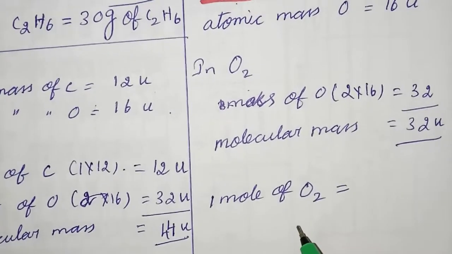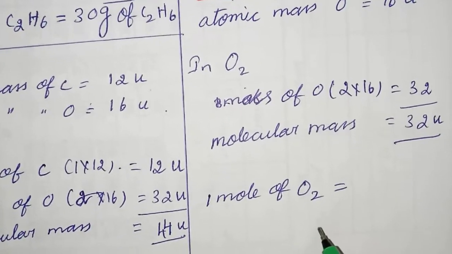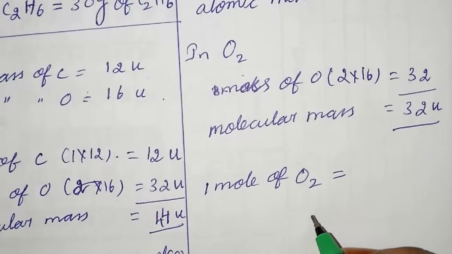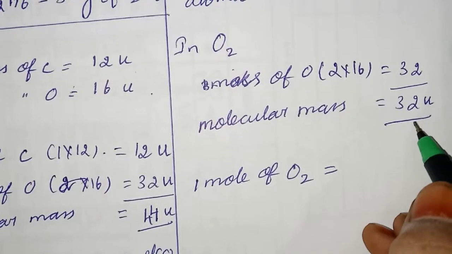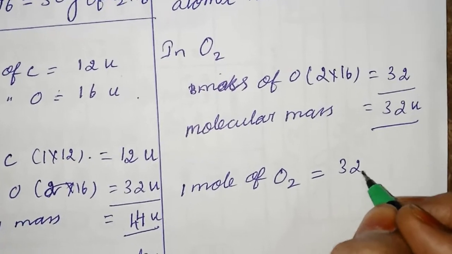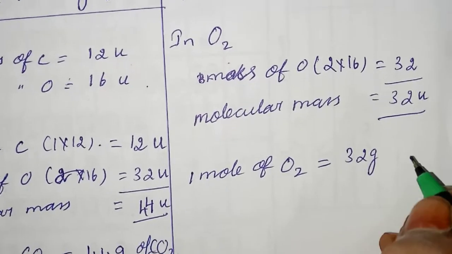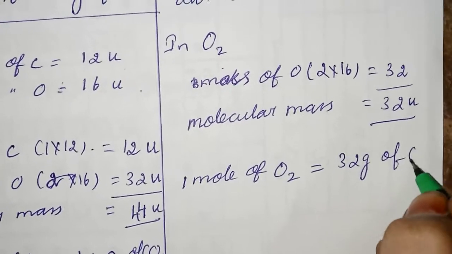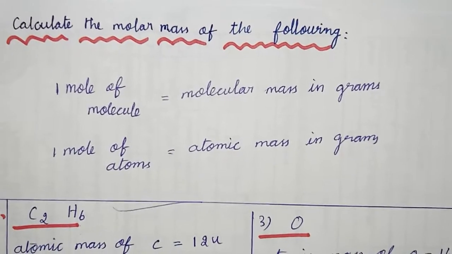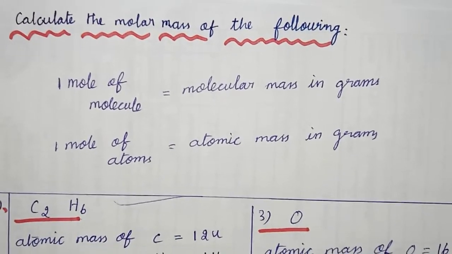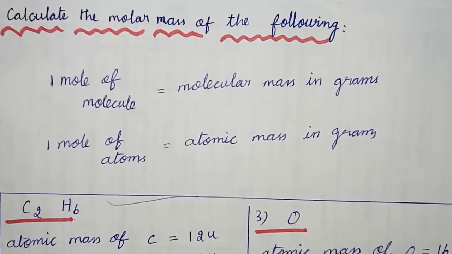So 1 mole of molecule is equal to molecular mass in grams. Here molecular mass is 32U, in grams 32 grams. So 32 grams of O2. In this way we have to convert the molecular mass into molar mass.